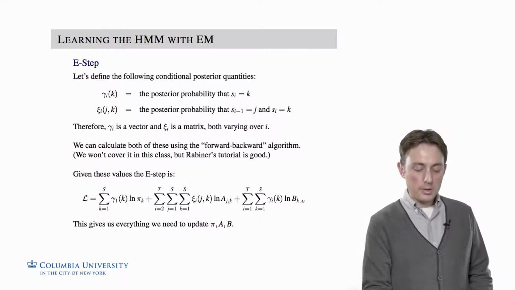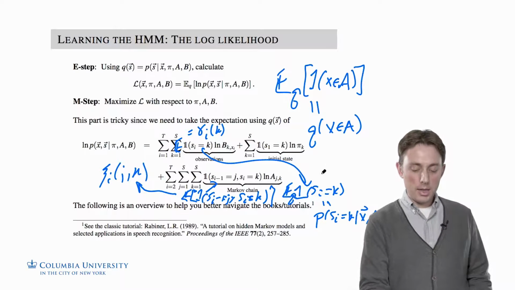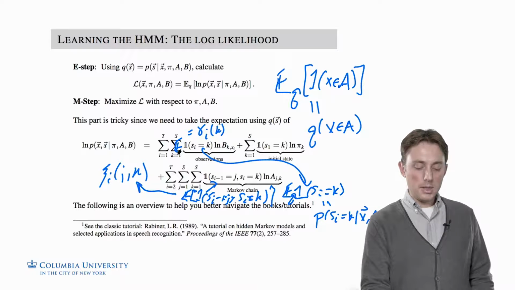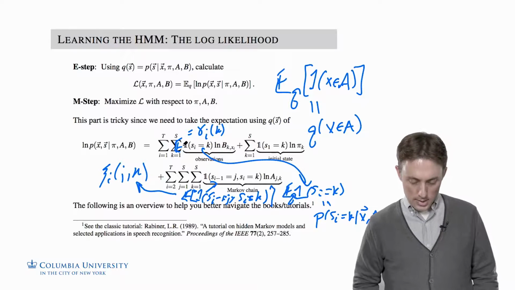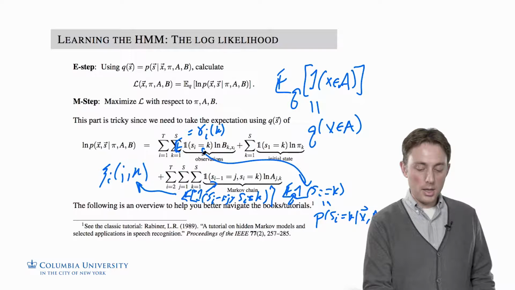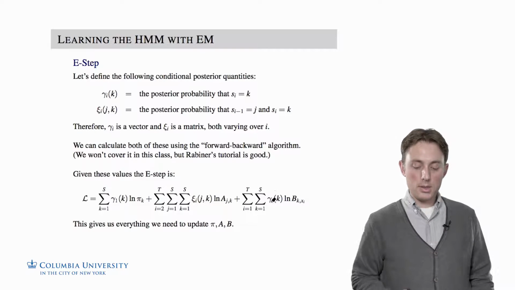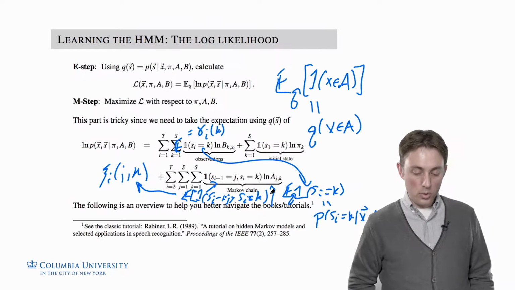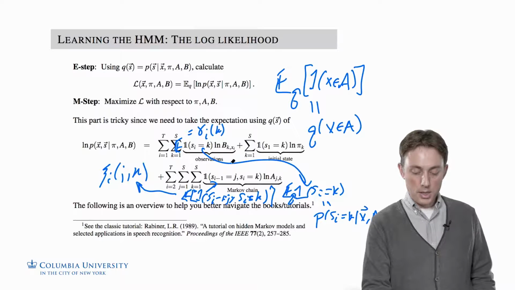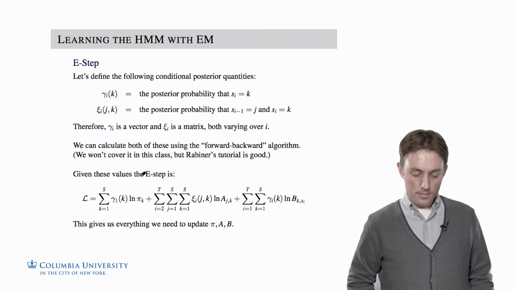Notice that I have simply taken this very complicated writing of these expectations and replaced them with their values that we defined. Here we define the expectation of this to be gamma i k, and the expectation of this thing to be psi i j k.